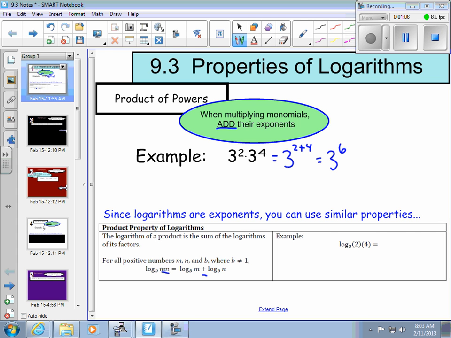So in this example, if we have log base 3 of 2 times 4, we can rewrite that as log base 3 of 2 plus log base 3 of 4. So you can split logs apart. If you have things being multiplied, you can split it apart into addition. And that's one of the properties we're going to use to simplify some of these logs.